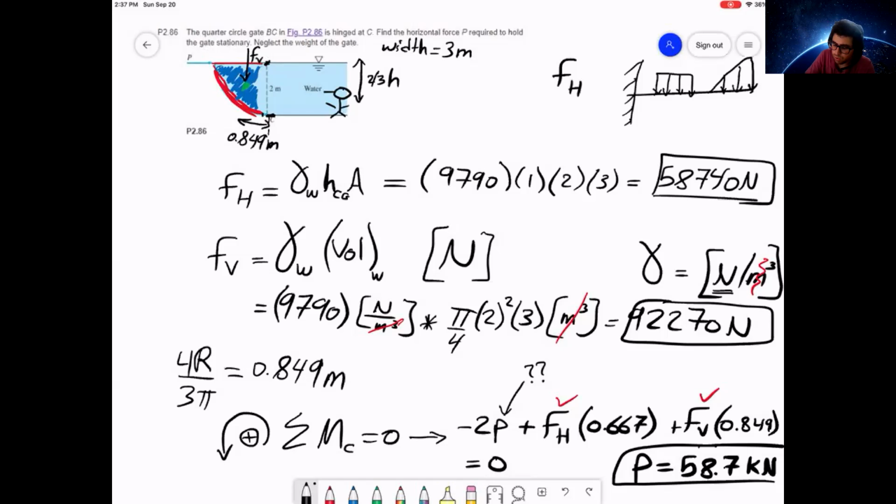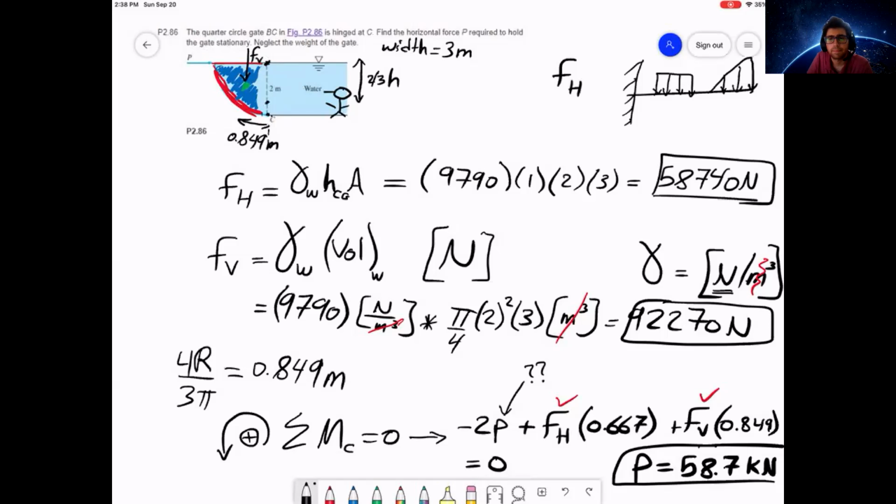And what's the pressure right at the bottom? At the 2 meter point C, what's the pressure at this location? It will be gamma H, or gamma times 2. Okay, what's the pressure at this specific point right here? Let's assume it's 1.33 meters.